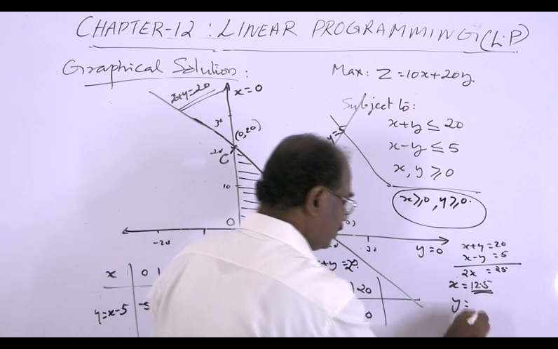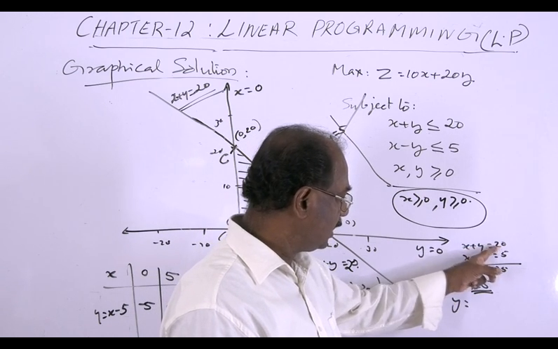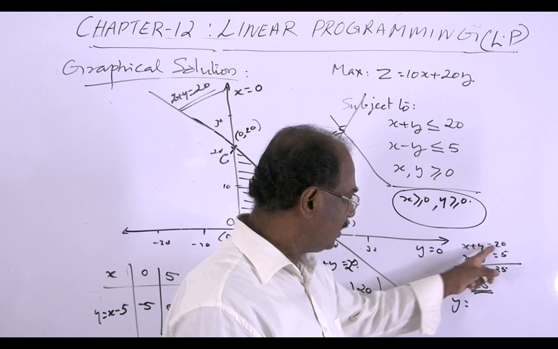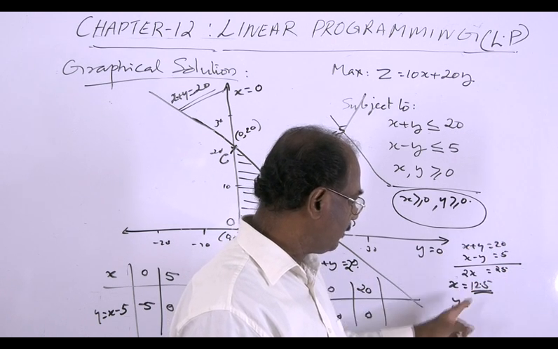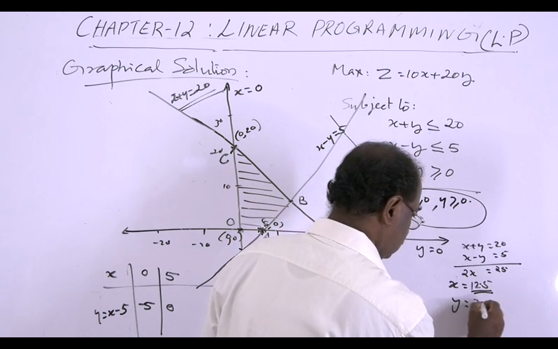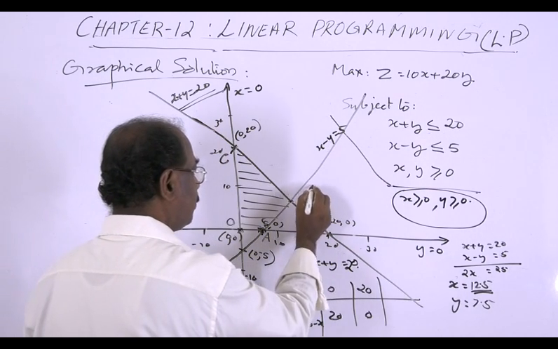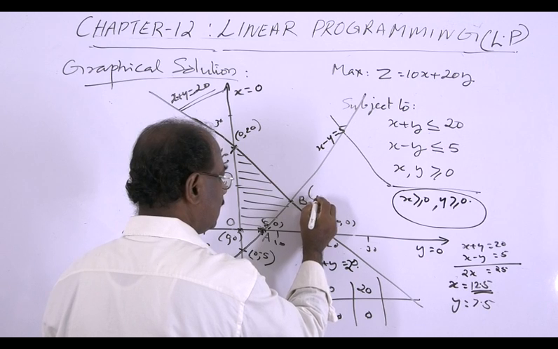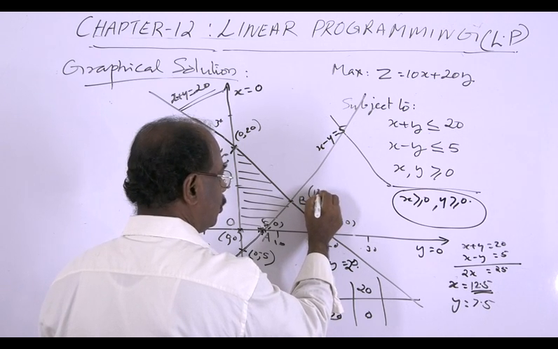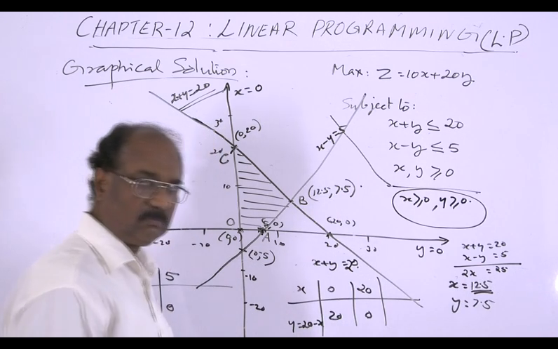And hence, x plus y equal to 20, so 12.5 plus y equal to 20, and therefore y equal to 20 minus 12.5, which is equal to 7.5. So this point B is 12.5, 7.5.